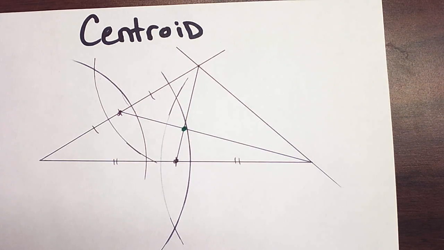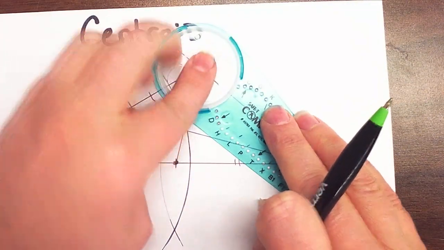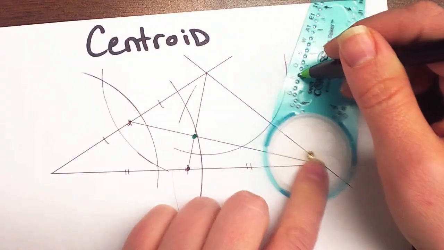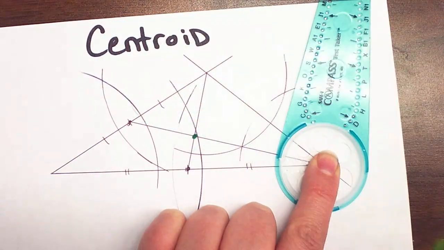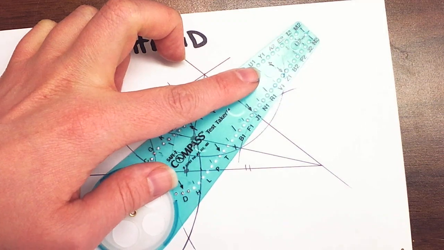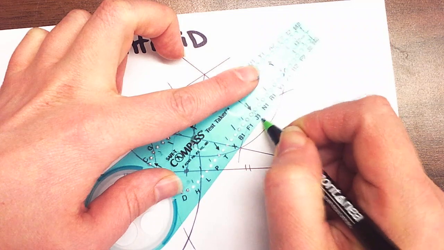In case there were any issues with precision, I want to check with my third side. So I've got 2 congruent arcs that I'm making. Again, I'm using those intersecting arcs to find a midpoint.